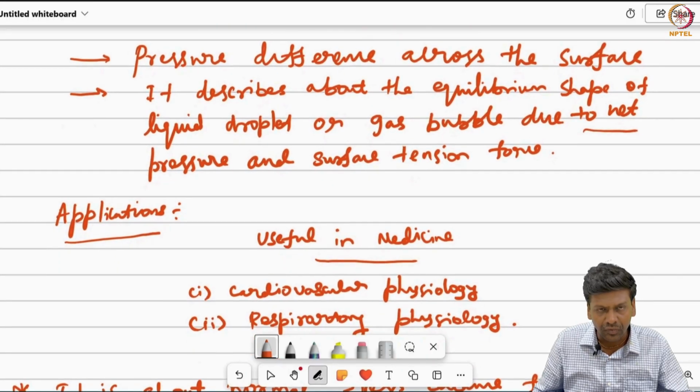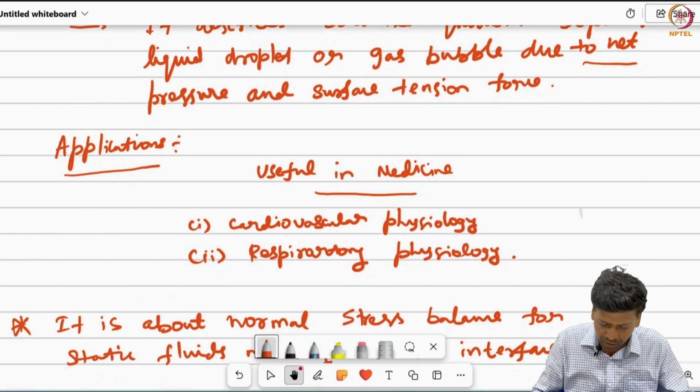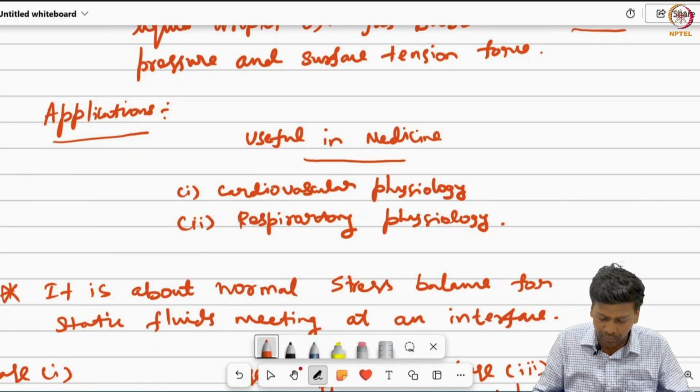So one can list many applications of Young-Laplace, but I have listed a few based on the application in medicine, where the principle of the Young-Laplace equation is applied in the field of cardiovascular physiology or respiratory physiology, right?